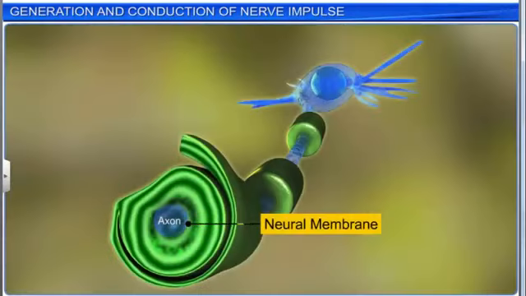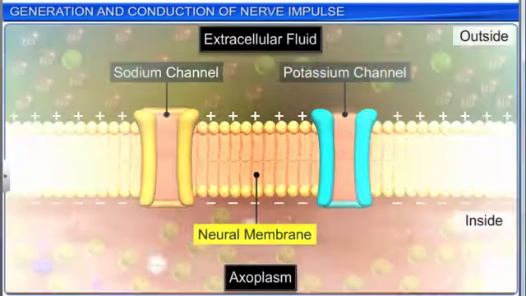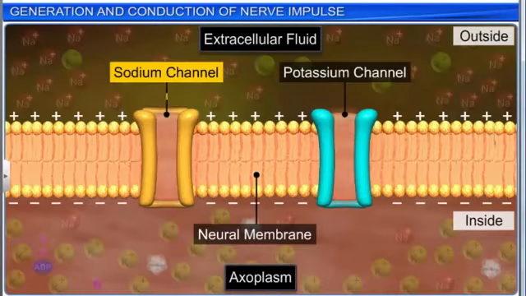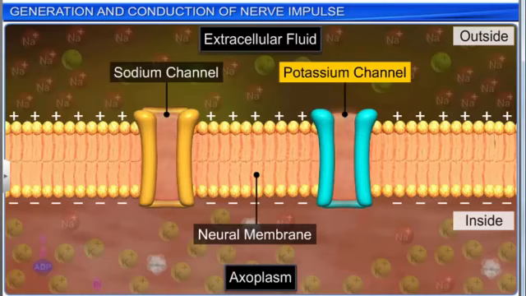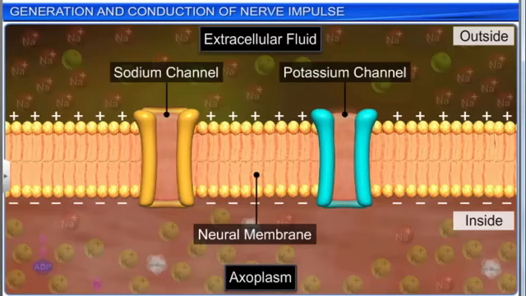The nerve fiber or axon is covered by a neural, axonal or plasma membrane. The neural membrane has sodium and potassium ion channels called voltage-gated or regulated channels. These channels open or close according to the electric potential across the membrane.